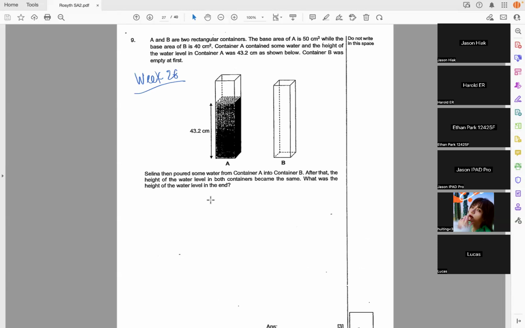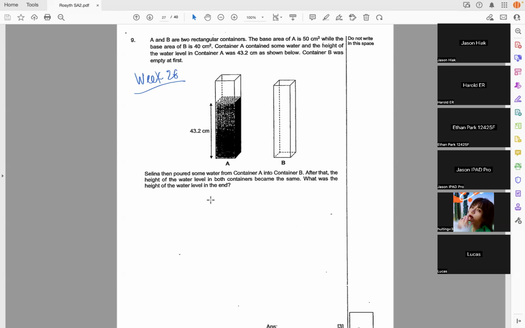So in volume questions, it is very common to see two containers, and then there's water in one container or in both containers, or sometimes even the water is not in the container but in another container. And what happens is that water is then poured into the two containers. It can pour into each other or from somewhere pour into the two containers.